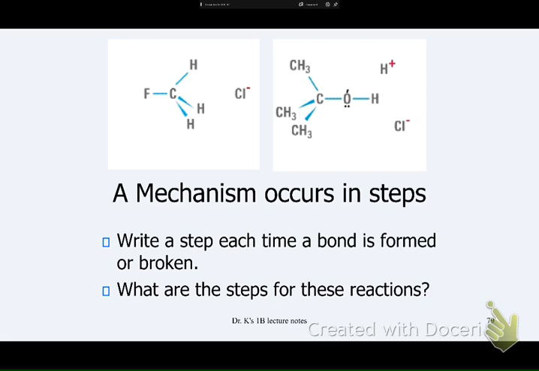The other interpretation of the elementary step is that in order for this reaction to proceed, the slowest step requires a CH3Cl and an F minus to run into each other. They have to collide for the reaction to take place. All right?